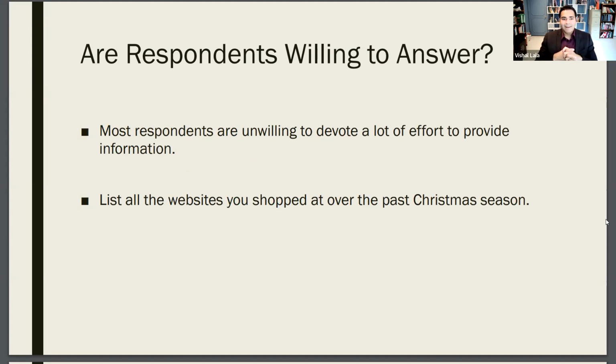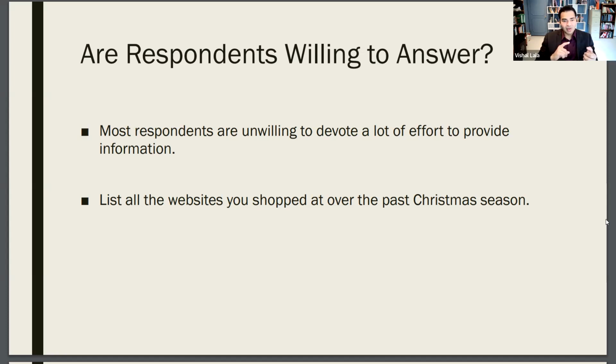So consider this example. Most respondents are just not going to spend the amount of time and effort to provide information. So, list all the websites you shopped at over the past Christmas season. A question like that is asking respondents to put in the effort to think about all the websites they shopped at a few months ago, and then type them in.